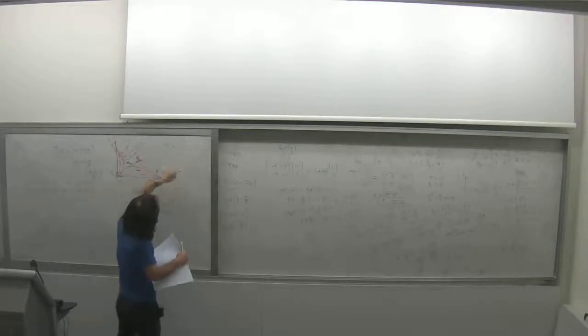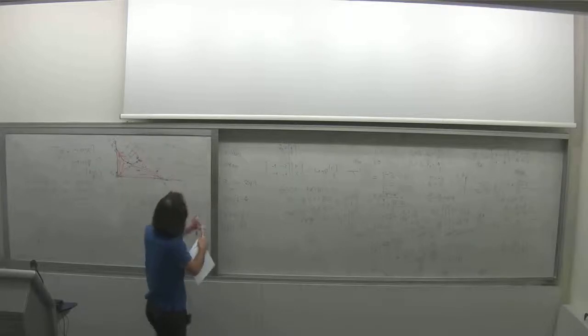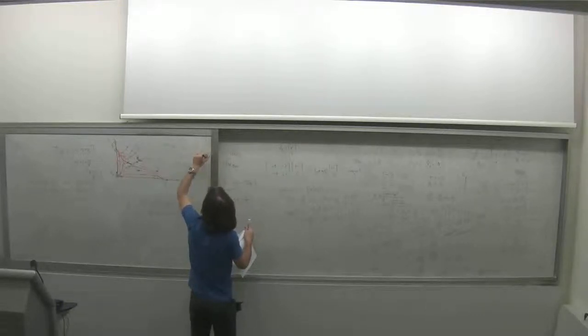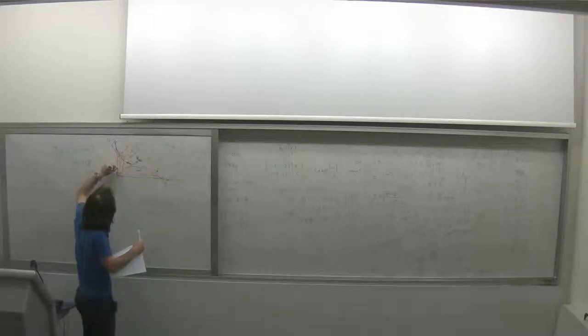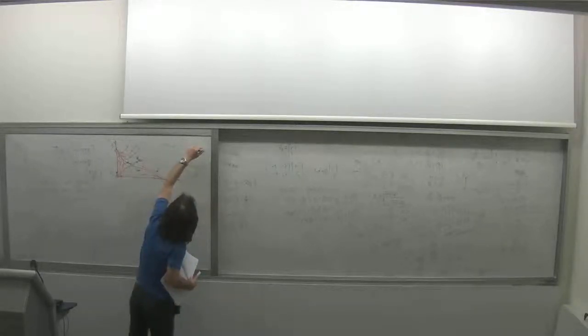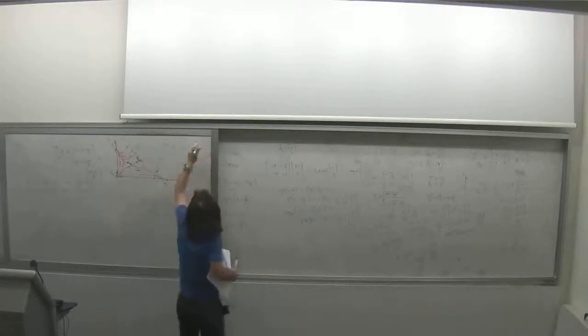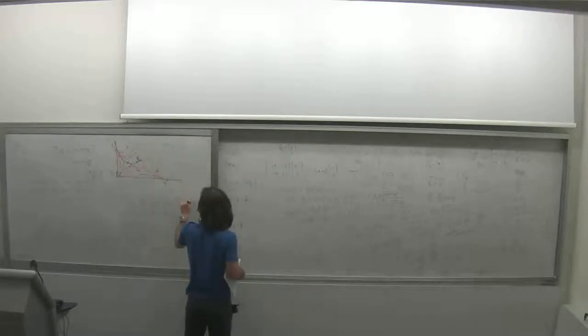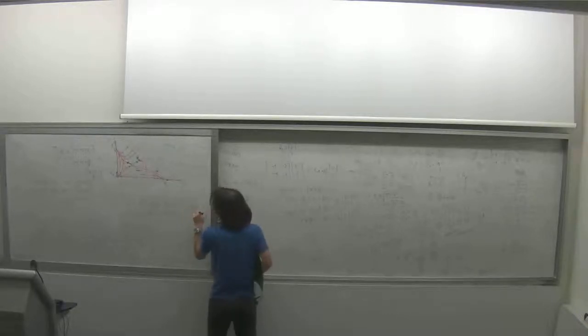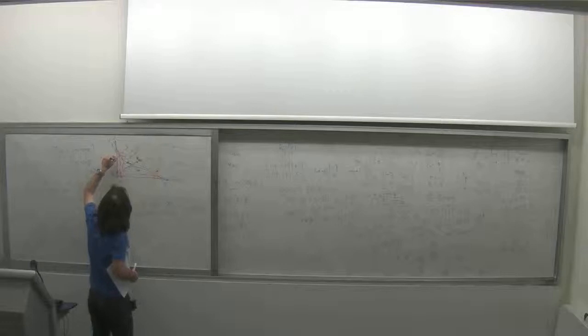This is actually 2y equals 3 minus x. Y equals 3 over 2 minus x over 2.